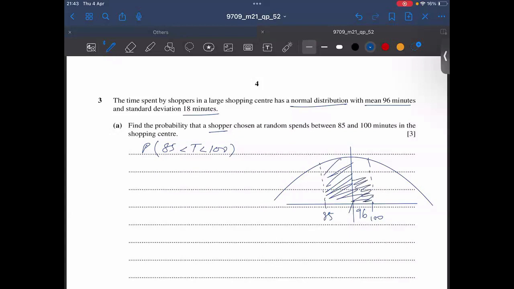And I need to calculate the probability represented by the shaded area. For this, I'm going to calculate the probability of less than 100, and I'm going to subtract from it the probability of less than 85. Have you people understood this, or should I repeat?